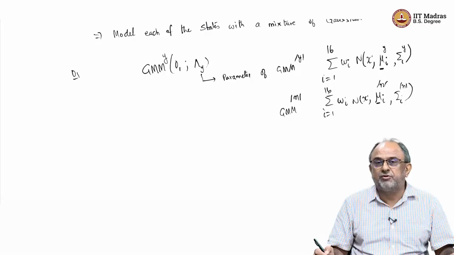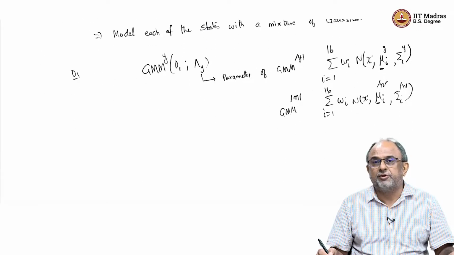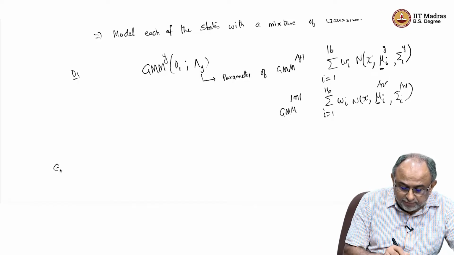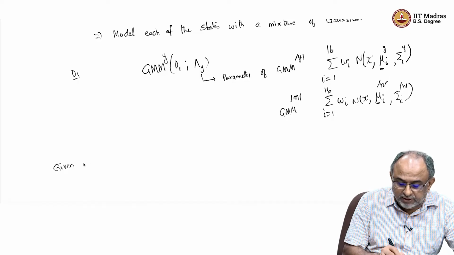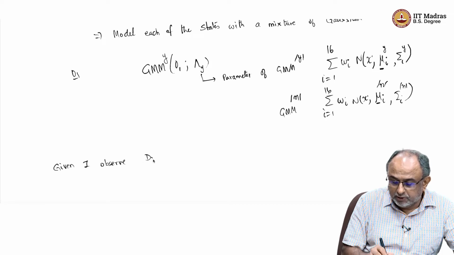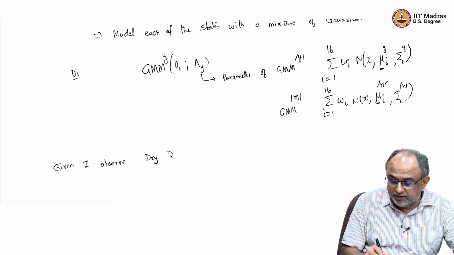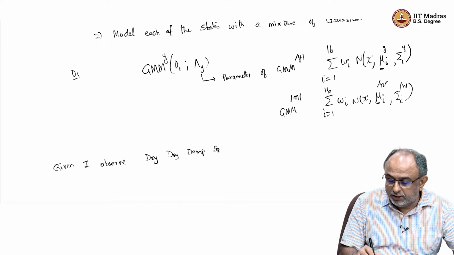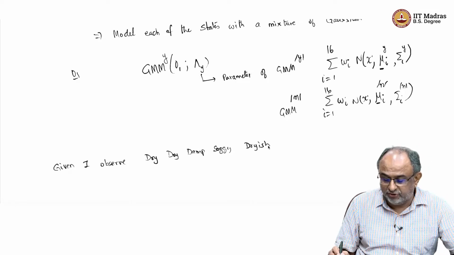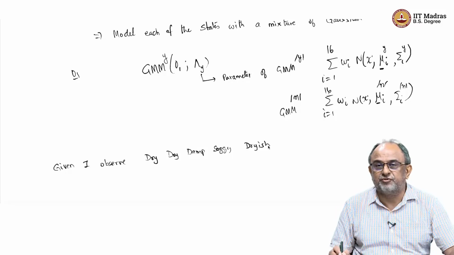And then similar to the problem that we have dealt with before, given that I observe dry, then again dry, then damp, soggy, dryish. Let's say 5 conditions of the grass on 5 consecutive days.